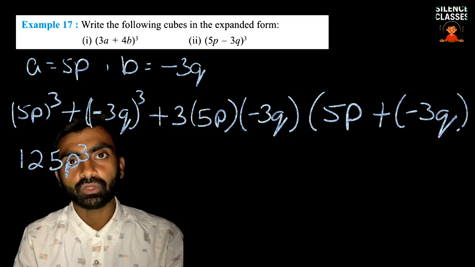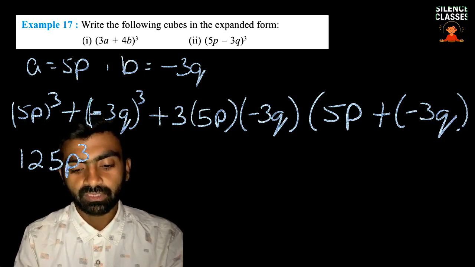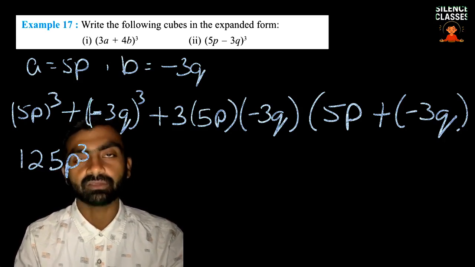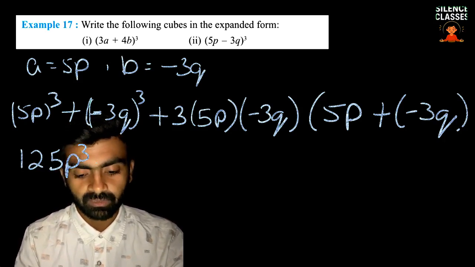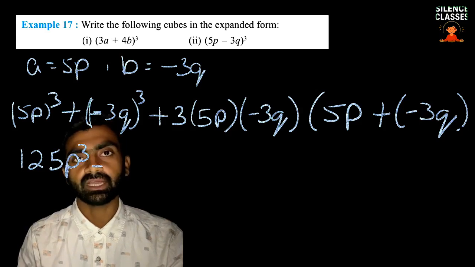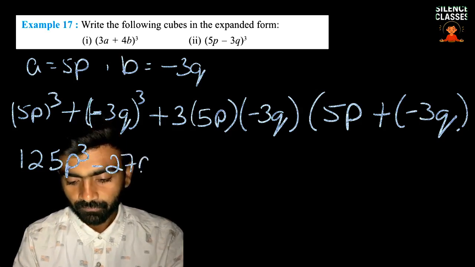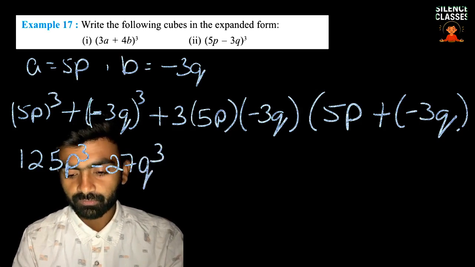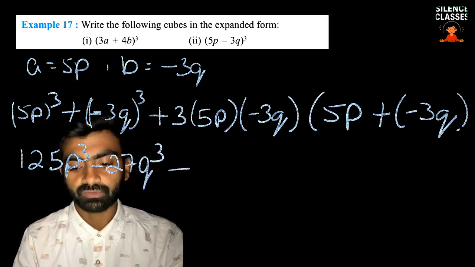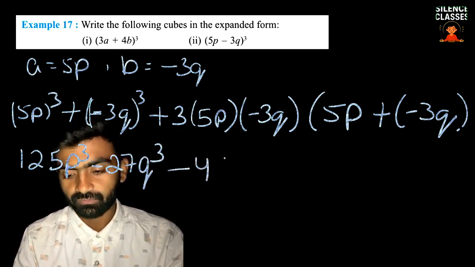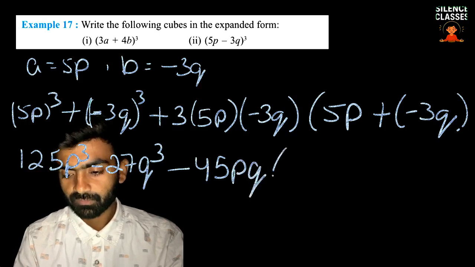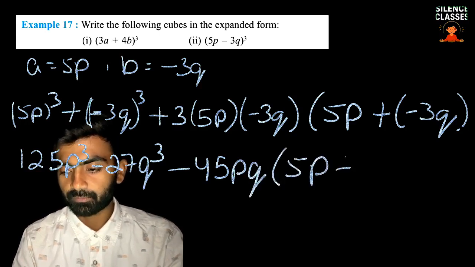As I explained in the introduction part, wherever the power is an odd number and the number is in subtraction, we will get a negative answer only. So minus will become minus 3 3s are 9 and 3 9s are 27 q cube. Now plus minus will become minus. 3 3s are 9 and 5 9s are 45 p, and 5p plus minus 3q.